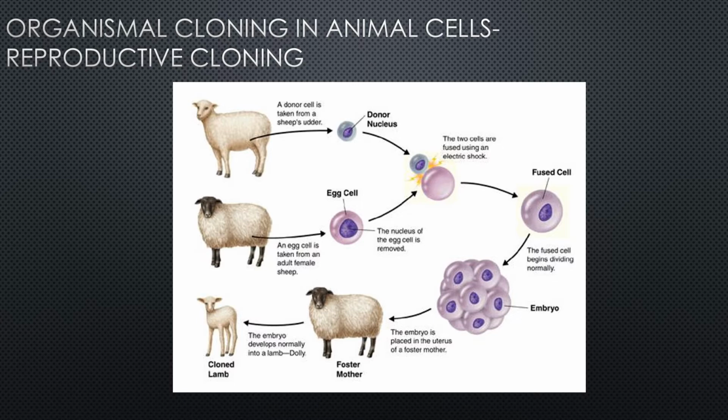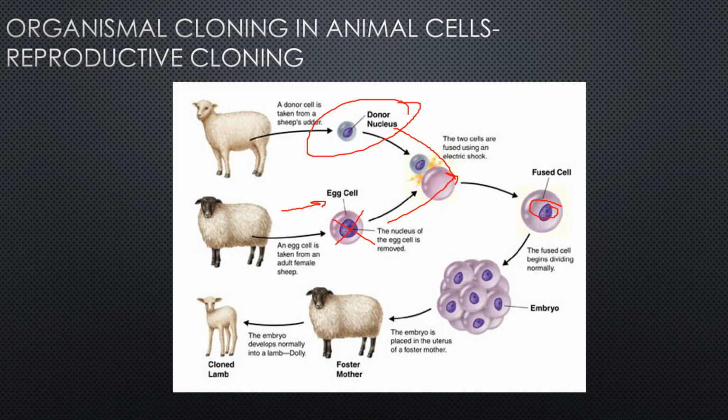What we do for that is we would take a donor nucleus from a somatic cell, so not the sex cell, so it would be diploid, and then we also take a donor egg cell. And what we do with the egg cell is we remove the nucleus. So it's just a cell with no nucleus. And then these two cells are fused together. So now we have an egg cell that has the nucleus from our donor cell.